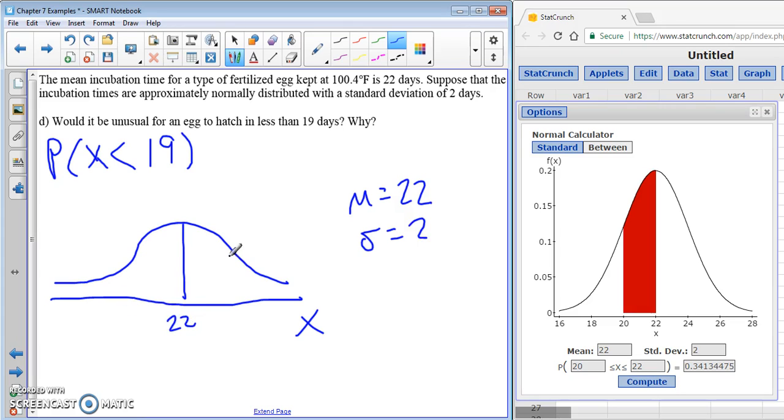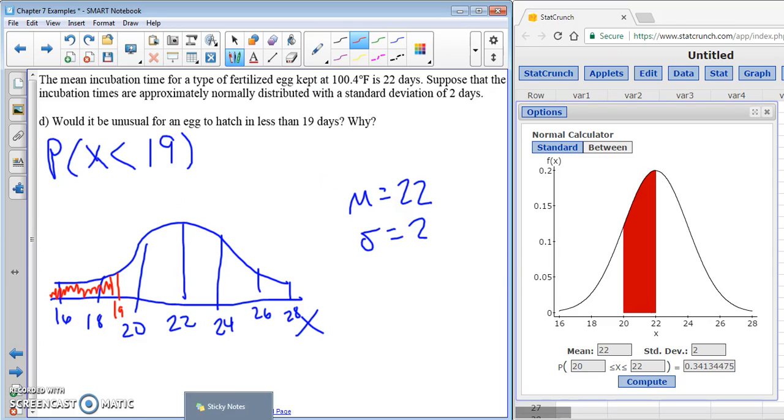So 22, go up by 2s and then down by 2s. Notice this isn't one of the empirical rule values. It's okay, 19 is in between here. We want less than 19, so we know it should be a little bit greater than 0.025. So we're going to calculate that.